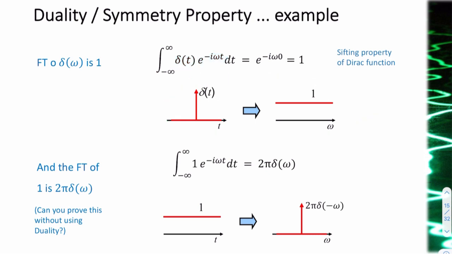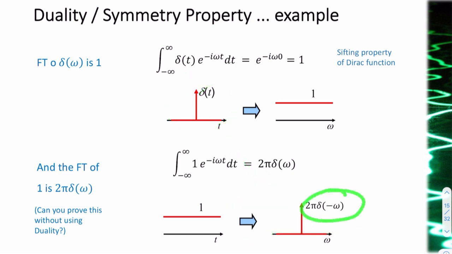What I'm trying to say is that because an impulse will give you a signal with a uniform frequency distribution, then the opposite is also true. If we have something like that in the time domain, i.e. DC, then the Fourier transform of that will look like an impulse.